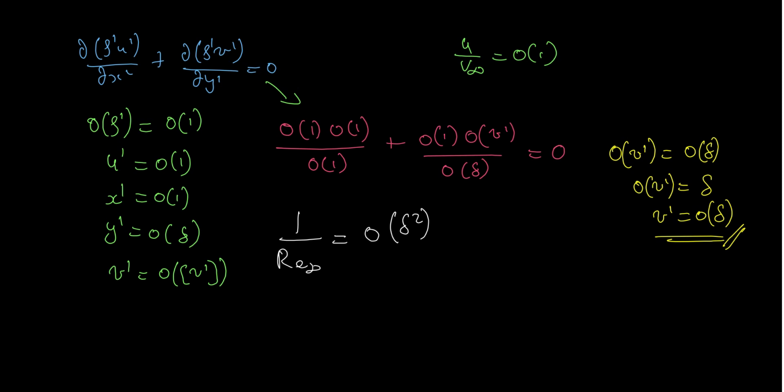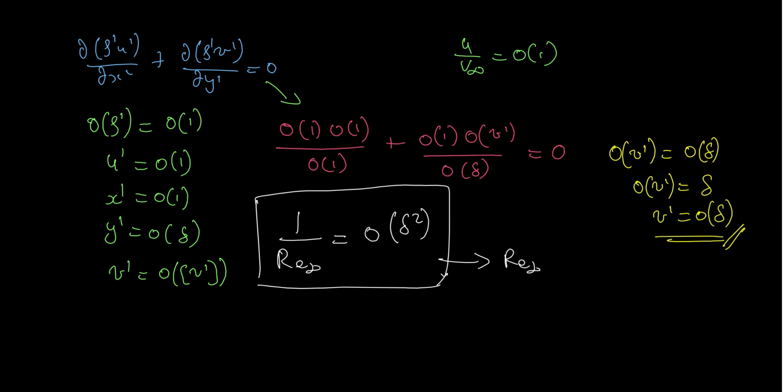And we can see that this is a very important result. What we can infer from this is that the free stream Reynolds number is very large, because order of delta square is very small. So 1 by Reynolds number should be a very small quantity. That means Reynolds number should be a very large quantity. So this is one insightful result that we have got, that the Reynolds number should be a very large number.